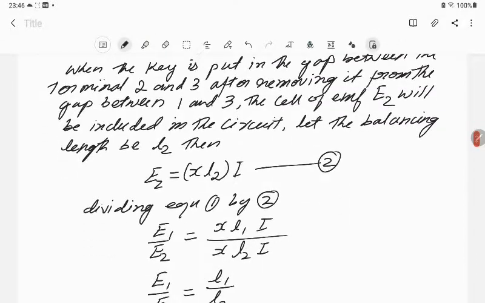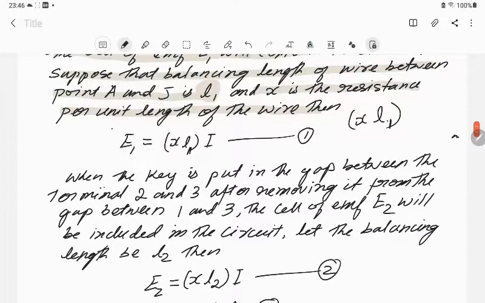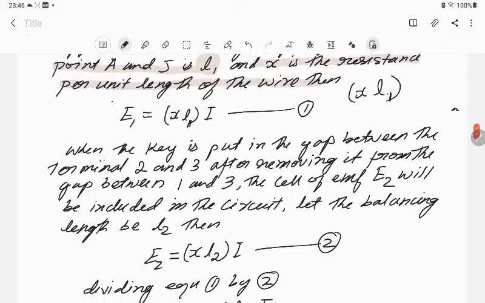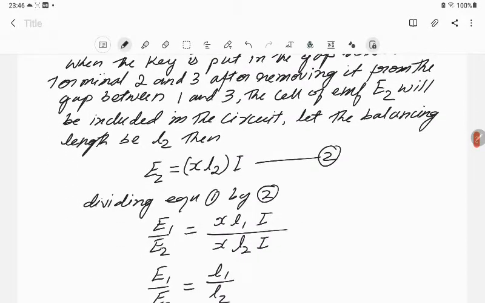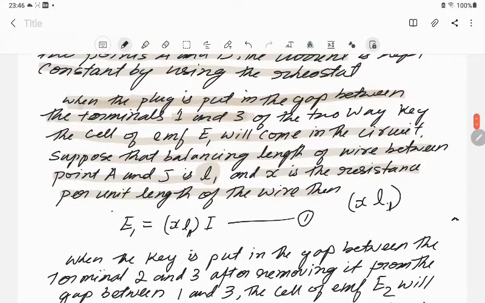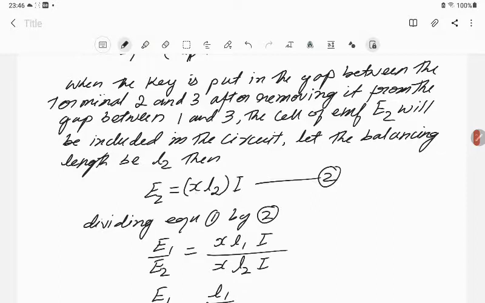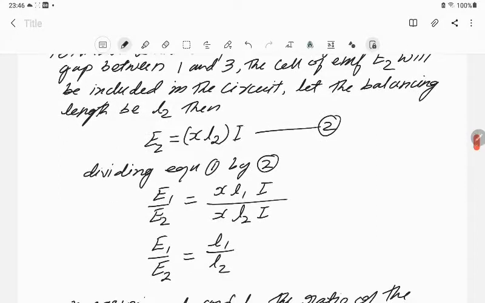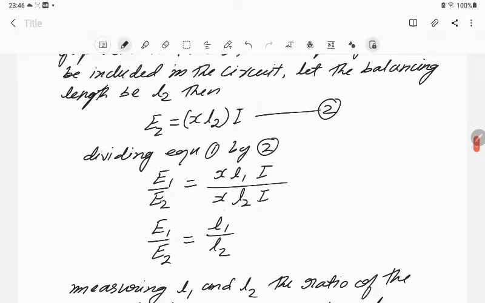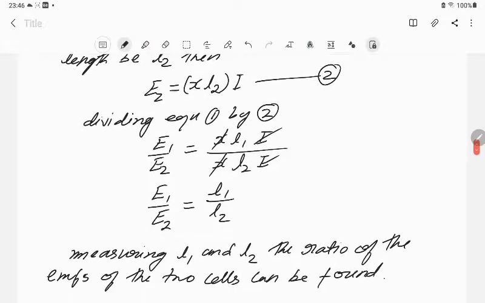Now divide equation 1 and 2. Equation 1 is E1 divided by E2, so E1 by E2 equal to X L1 I divided by equation 2, X L2 I. Now X cancels, I cancels, so we have E1 by E2 equal to L1 by L2.